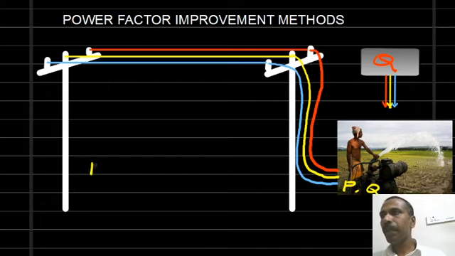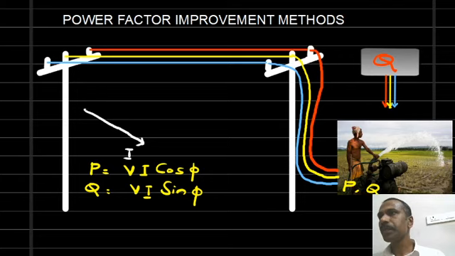What is active power? P is equal to VI cos phi. What is reactive power? It is VI sin phi. If you draw the current triangle, this is your current vector.